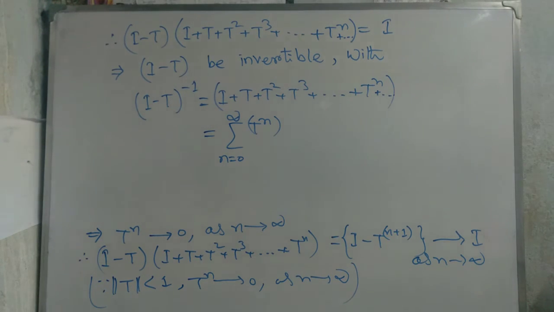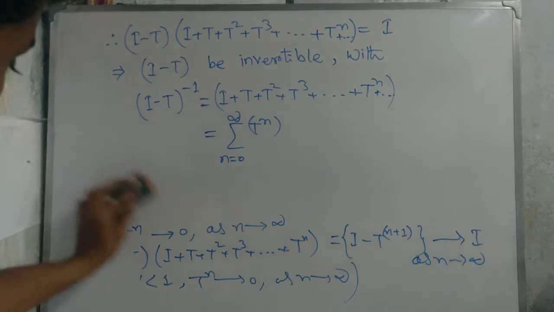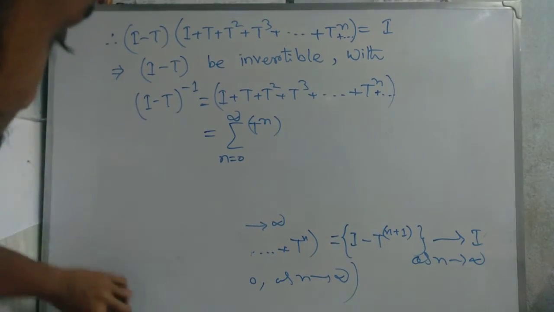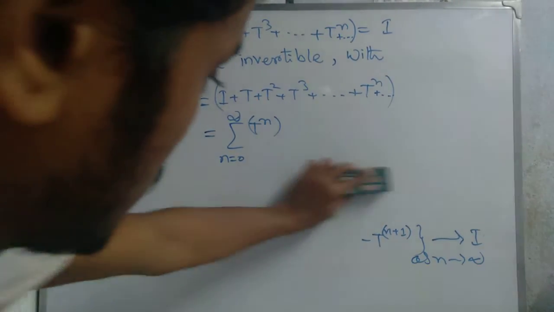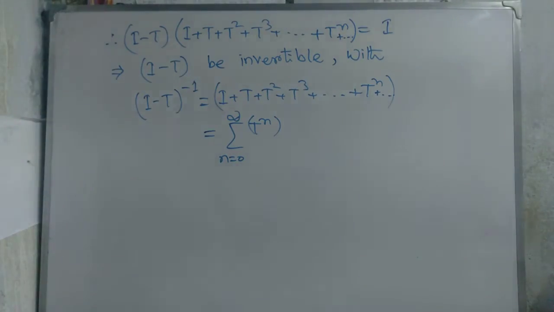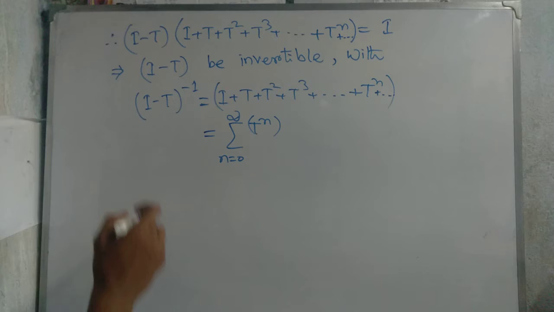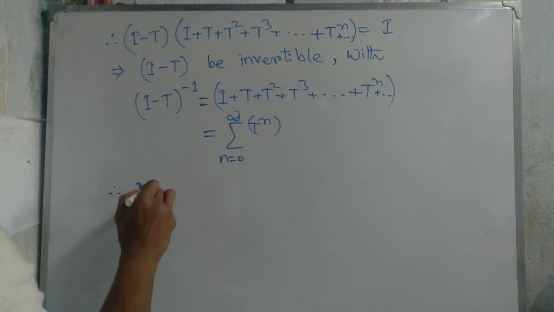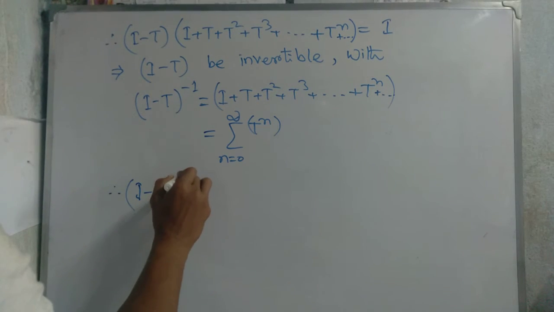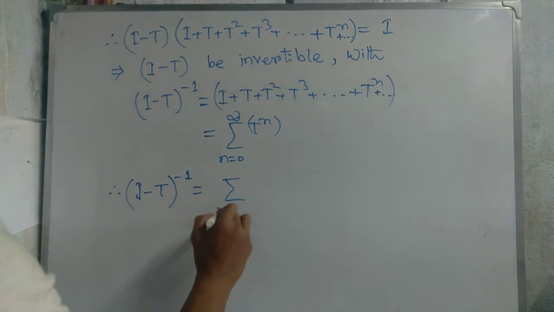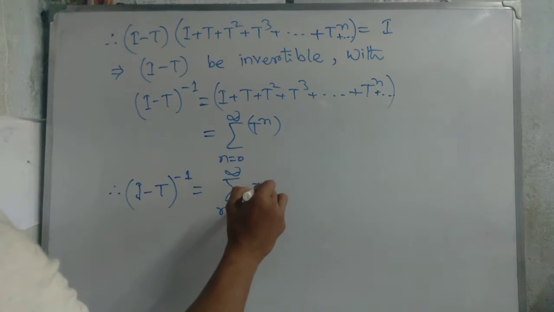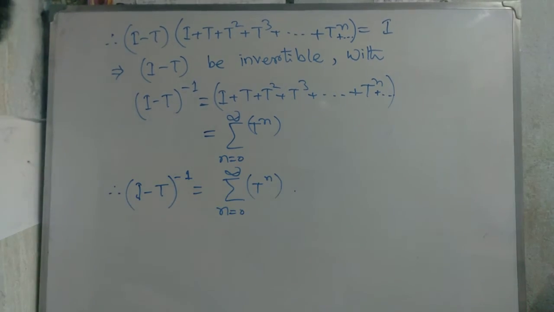So what we write here: (I − t) inverse equals the sum from n equal to 0 to infinity of t to the power n.